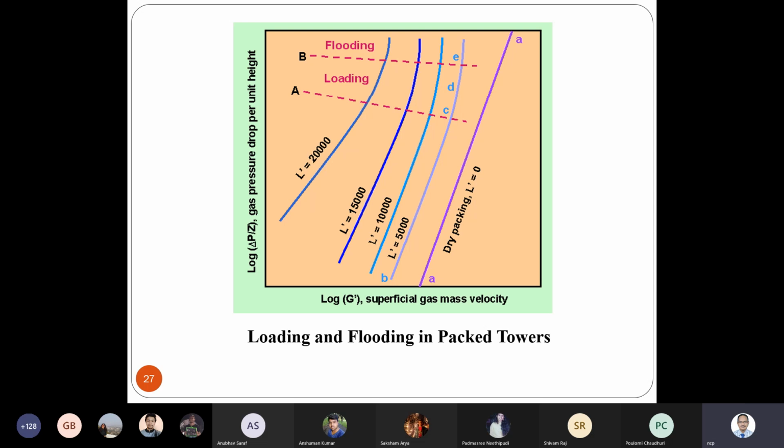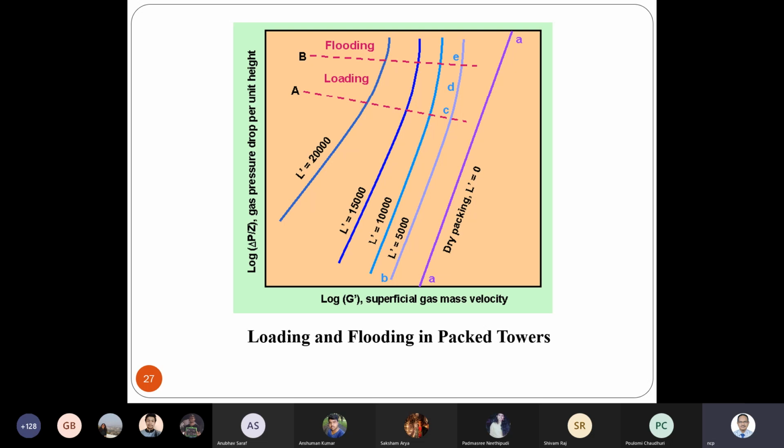But in case of packed towers, the gas is not bubbled through the liquid. In this case, gas is the continuous phase, and it is contacting the liquid, which is in the form of a thin film surrounding the packing. So in this case, obviously, the formation of foams is mostly avoided.